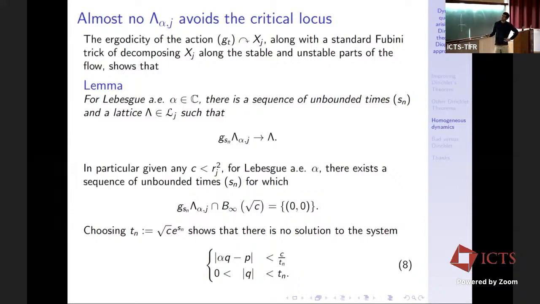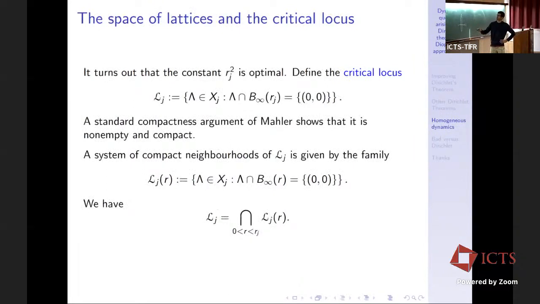So that means, given any c less than Rj squared, for almost every alpha, there's a sequence of unbounded times for which, well, okay, if you're converging here, you're going to lie in those neighborhoods. Yeah, in these neighborhoods.